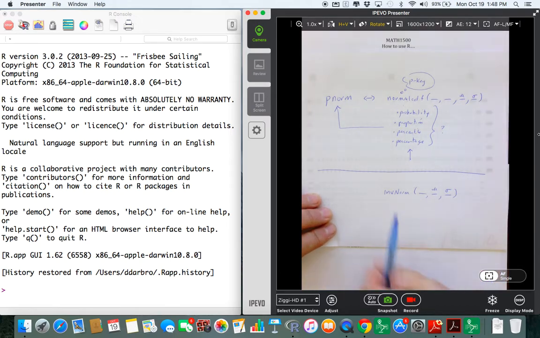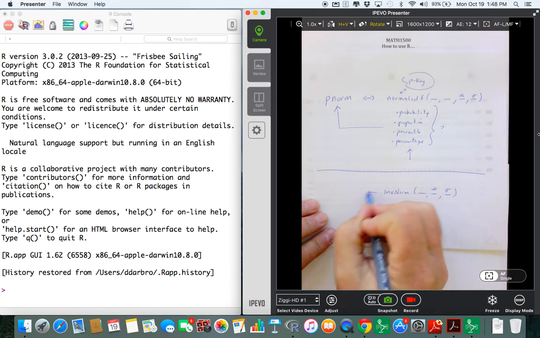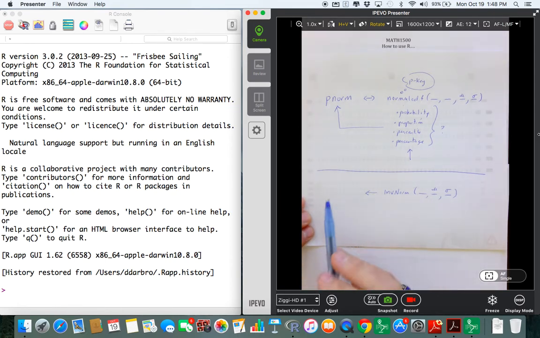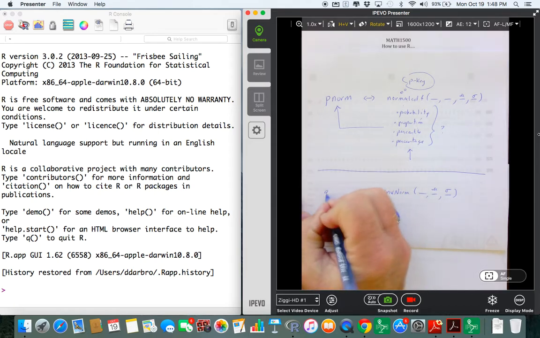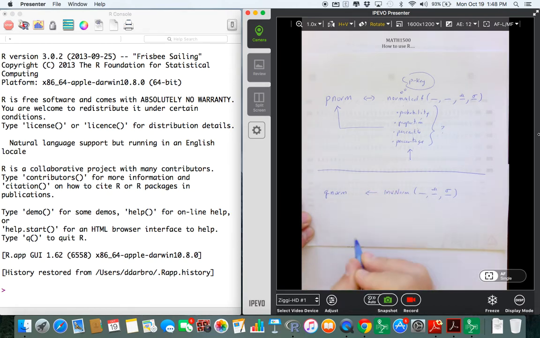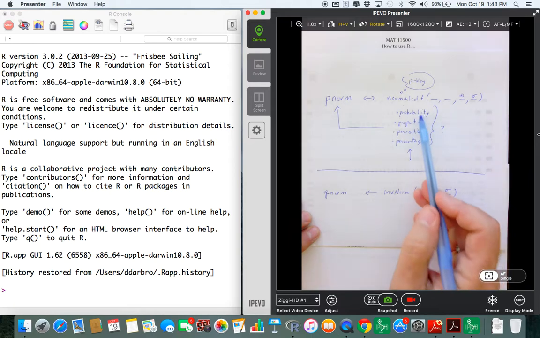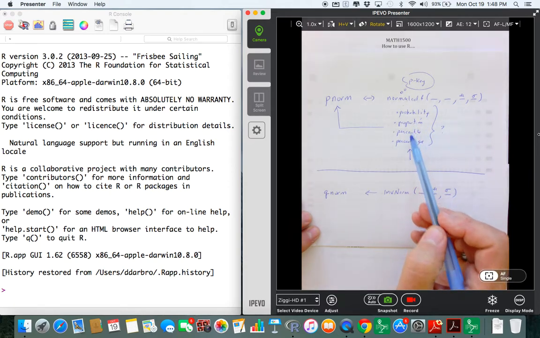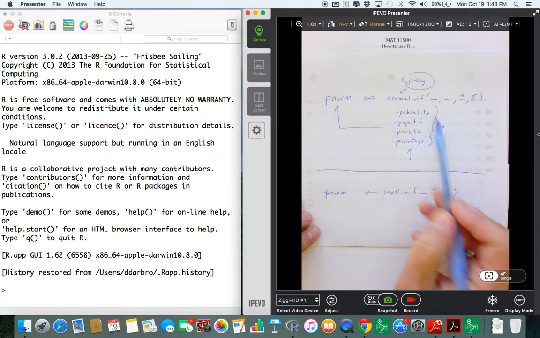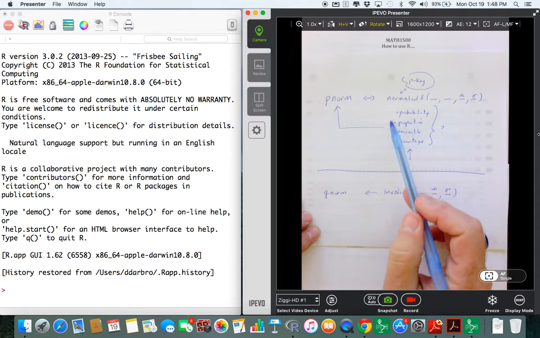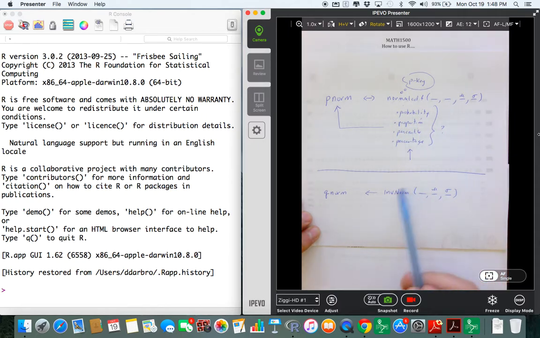The R key that corresponds to the calculator key of inverse norm is called qnorm. With inverse norm, we are trying to find a score from the distribution that has a given probability, given proportion, given percentile, given percentage. It's given this information. We're not looking for it.